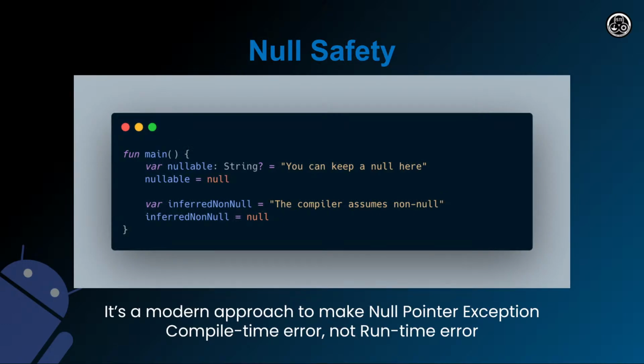In Kotlin, the type system distinguishes between references that can hold null and those that cannot. For example, a regular variable of the type string cannot hold null. Well, let's see the null safety with an example.